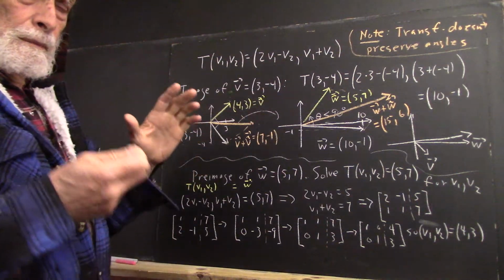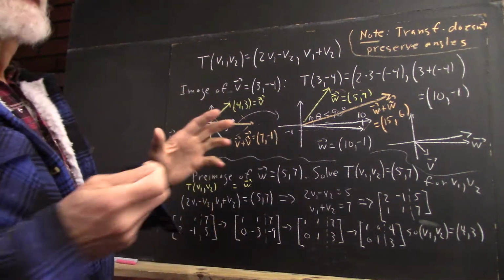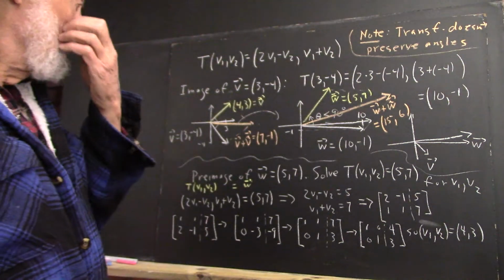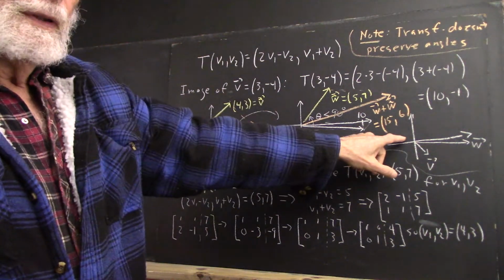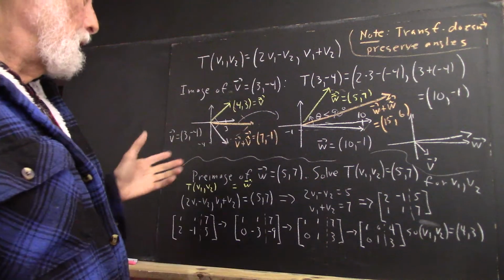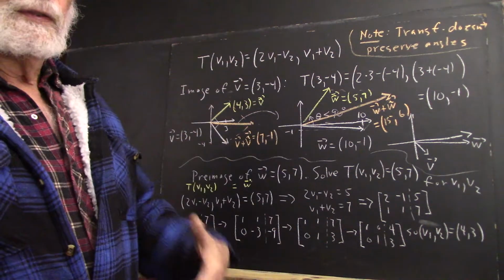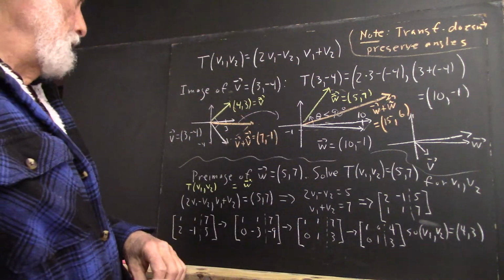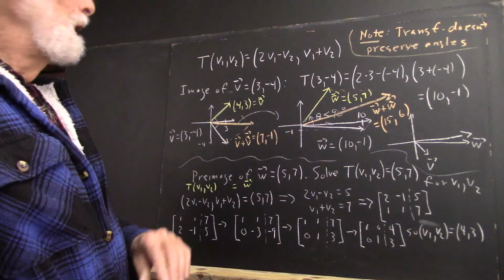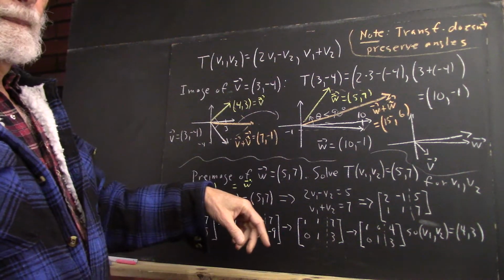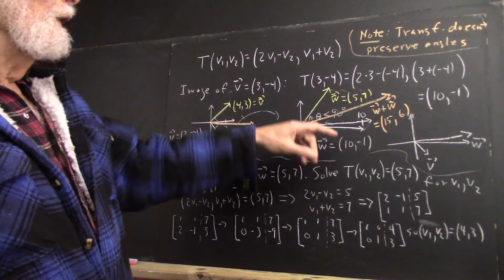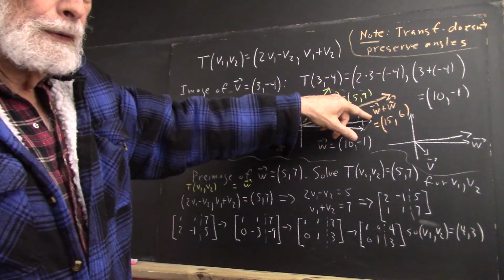Okay, now, if the transformation is linear, then this should be the case. Because the definition of a linear transformation, which we haven't given, is that if you transform the sum of two vectors, you get the sum of the two transformed vectors.